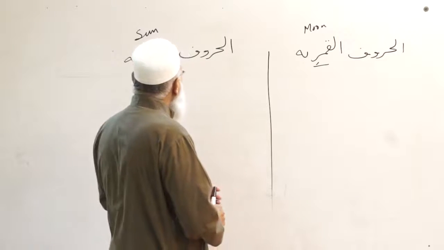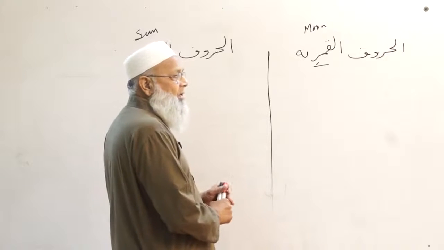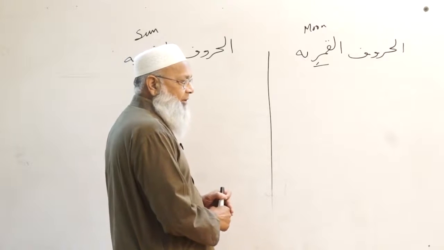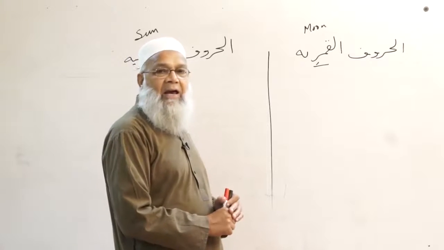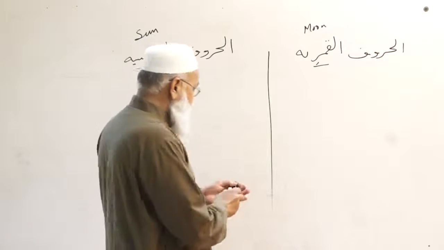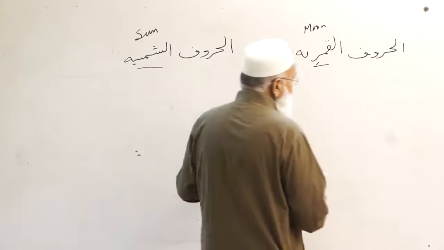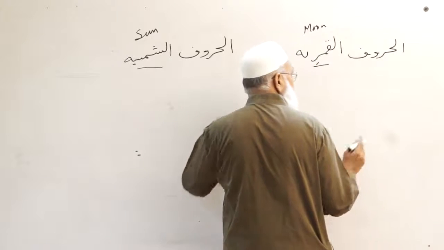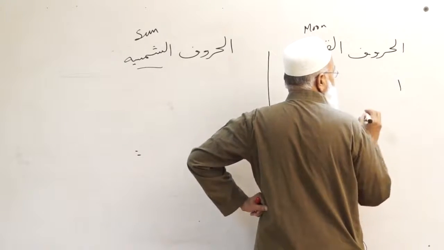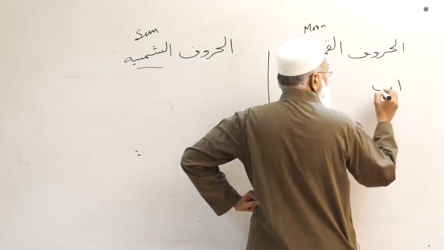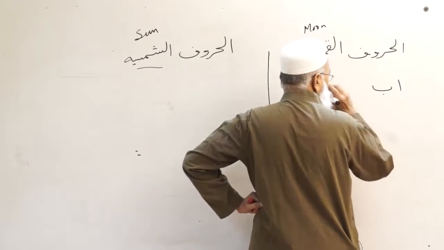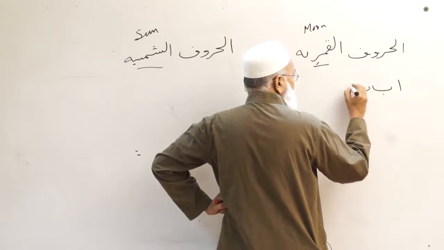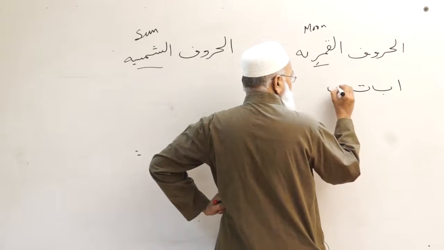And Huruf Shamsiya are those which are in the beginning of an indefinite noun, but when alif lam is added, lam is not pronounced. They are Alif or Hamza, Ba, Ta, Sa.